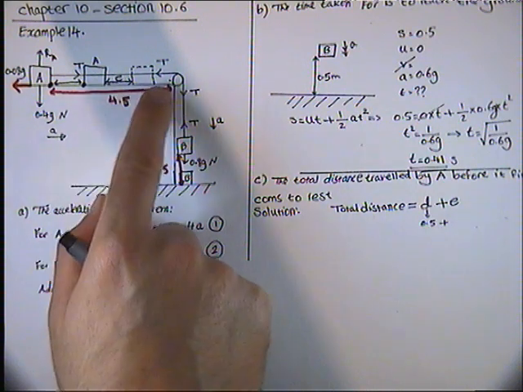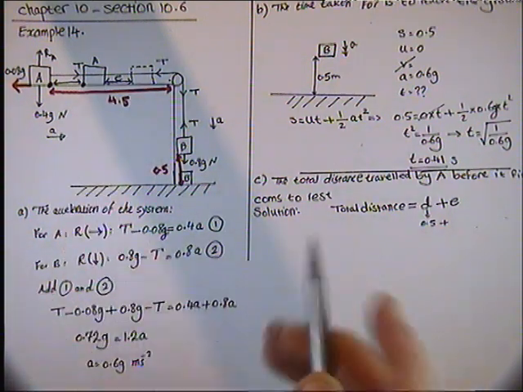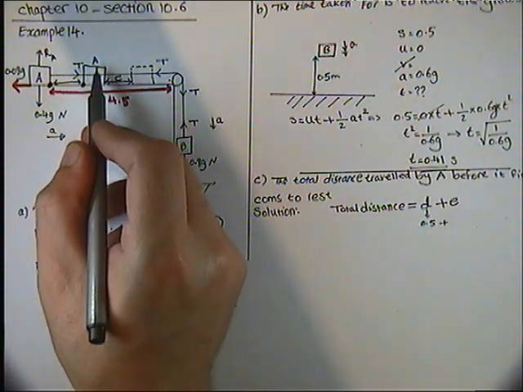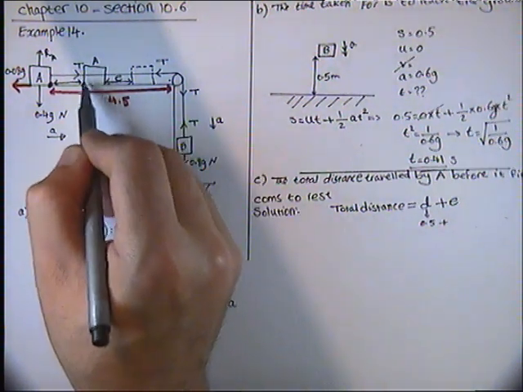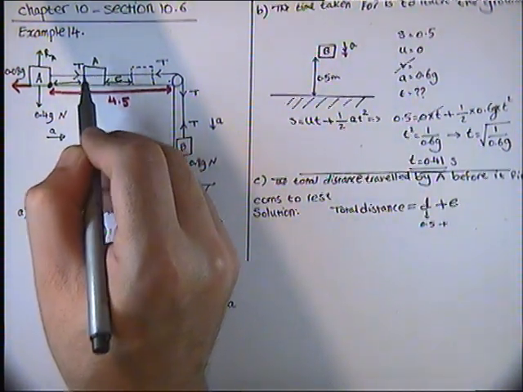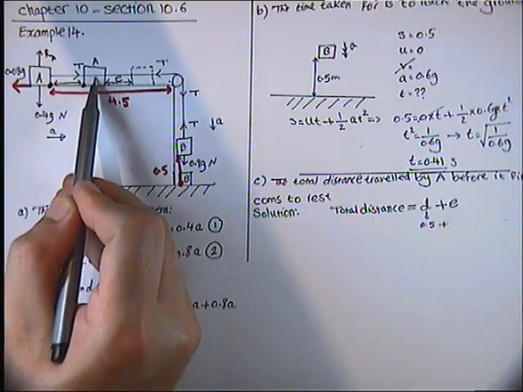We don't know how long it will take, so we don't know the time, and we are not really interested in finding the time either. So we really want to work out u first, the initial velocity for A at this point, which will be the final velocity of A from here to here.